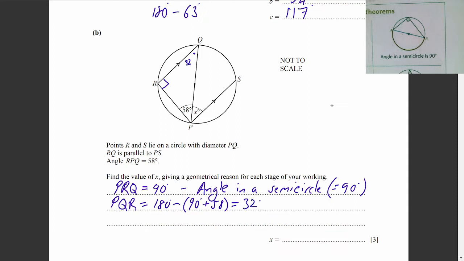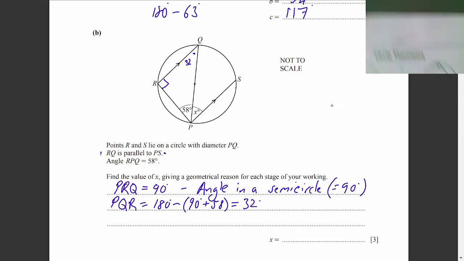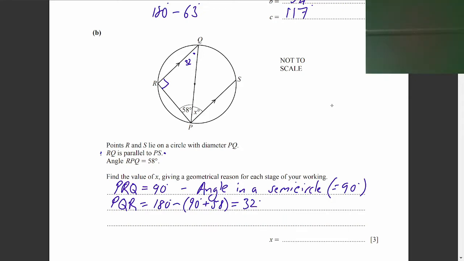Making good progress. Okay, so we got our angles in the triangle. How have we used this piece of information yet? The one that talks about the parallel lines? No, we haven't. So it means somehow we need to use that.